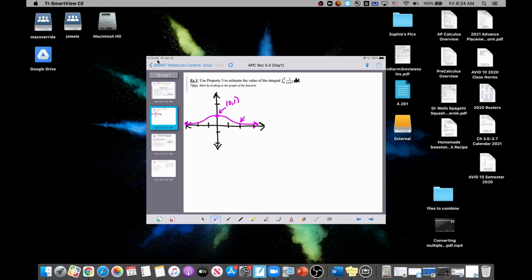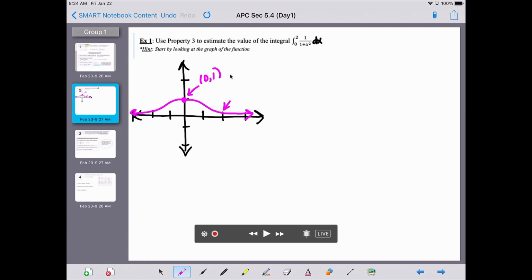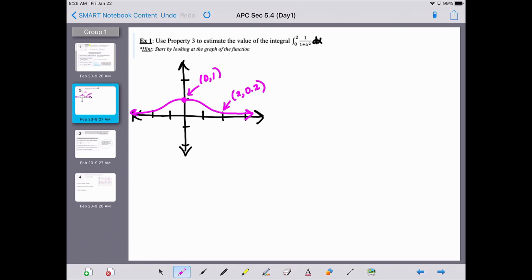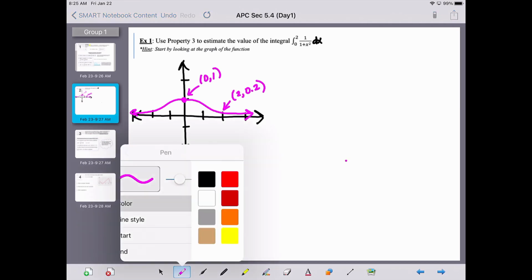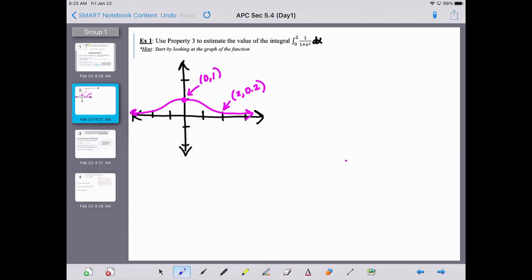Okay, so going back to my graph here, this point right here is when x is 2, y is 0.2. And again, I am trying to integrate this function, or look at the integral of this function from 0 to 2.